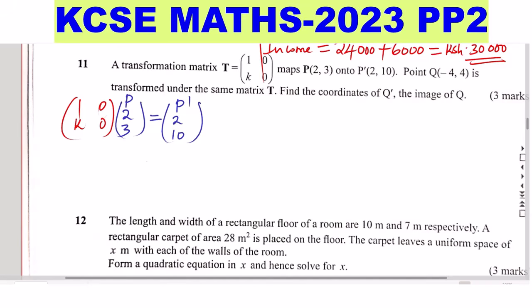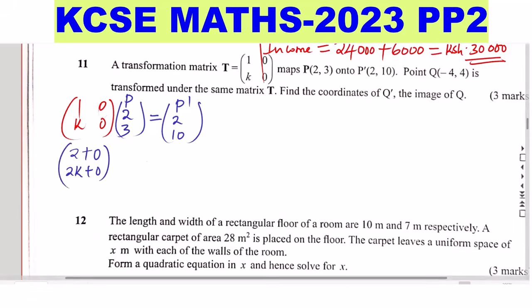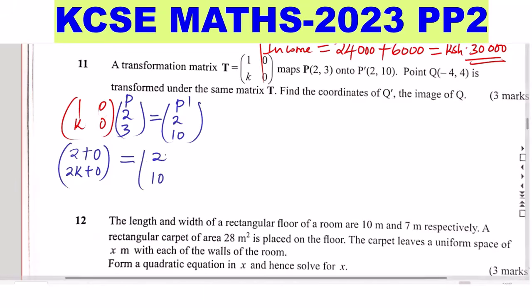Row 1, column 1. So 1 times 2, you get 2. Then 0 times 3 is 0. Then row 2, column 1. So K times 2, you get 2K plus 0. And this one will give 10.